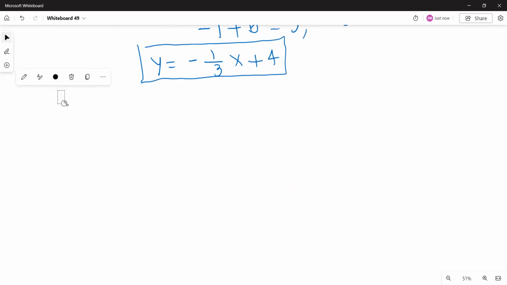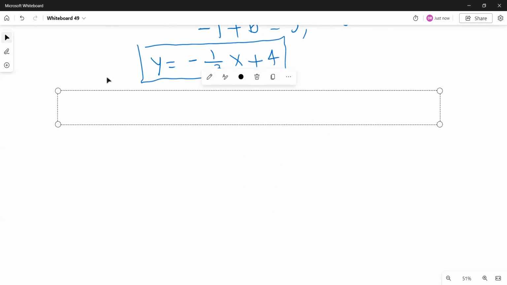So in another example, if you know the slope and any point, you can use the slope-intercept form to find the equation of a line. If you know 2 points on the line, you can also find the equation of the line in slope-intercept form. So now we know 2 points.